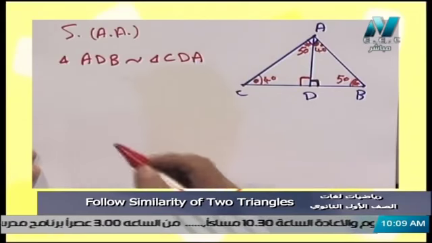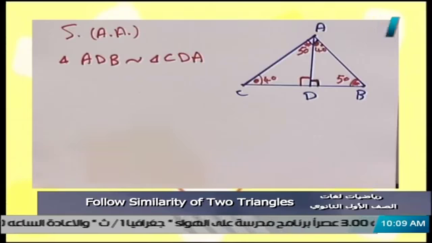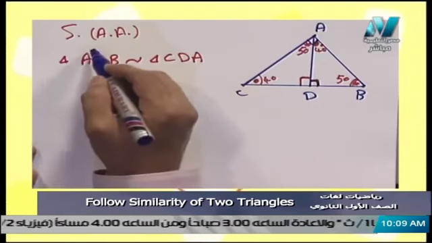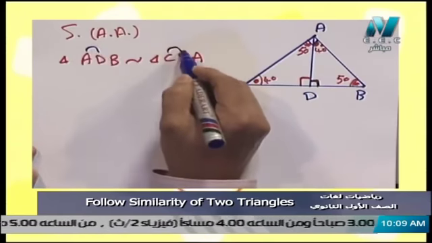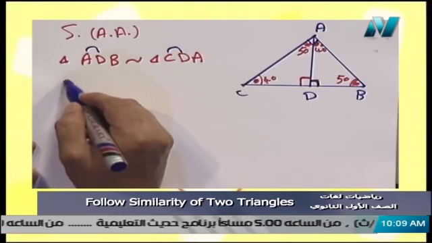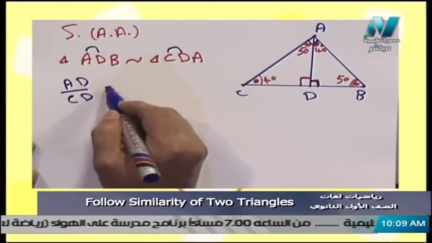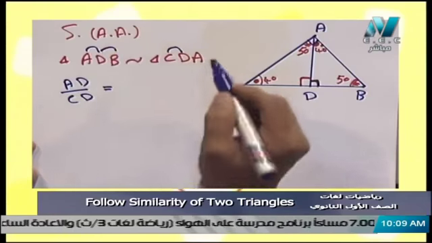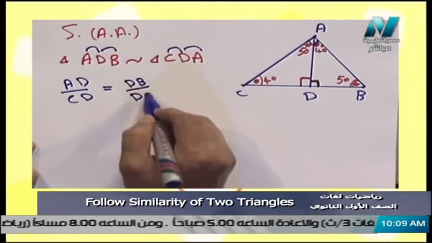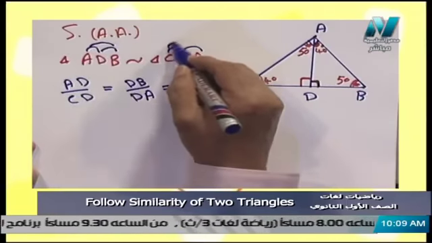Okay, and of course from the last period we have studied that if these two triangles are similar, then the corresponding sides are proportional. So AD over CD will be equal to DB over DA equals AB over CA.